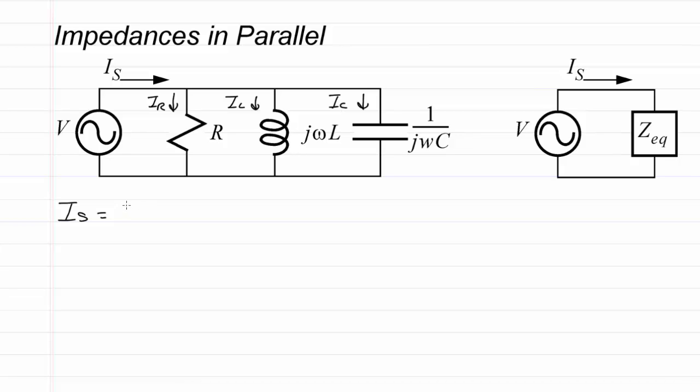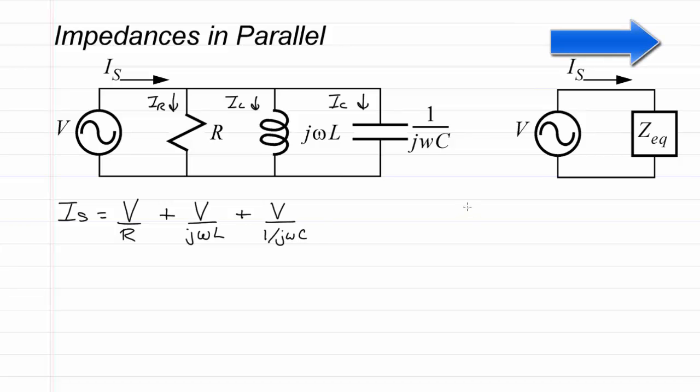capacitor, where the current down through the resistor will be equal to the voltage divided by the resistance, while the current through the inductor will be the voltage divided by jωL, and the current through the capacitor will be the voltage divided by 1 over jωC. On the other hand, the current Is in our equivalent circuit will simply be equal to the voltage divided by our equivalent impedance.